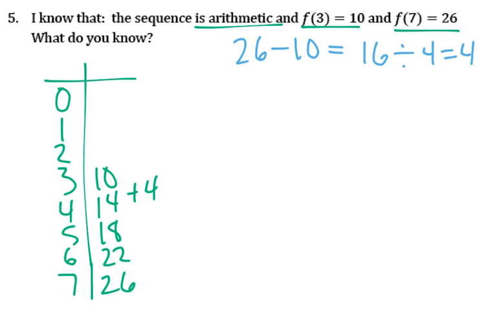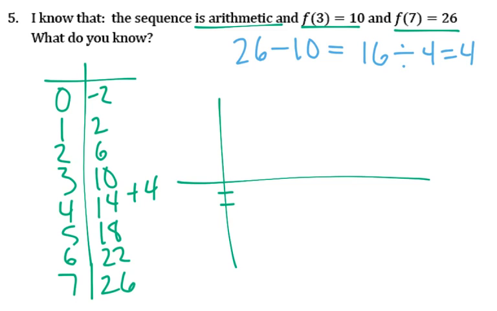So if we work backwards, that would be 6, 2, negative 2. So easy to graph, right? So 0, negative 2; 1, 2; 2, 6; and so on.